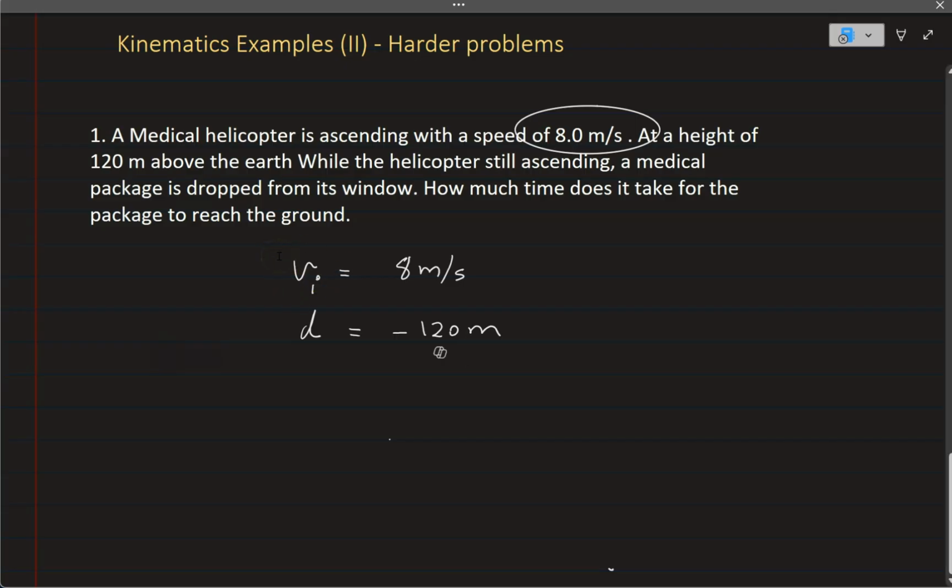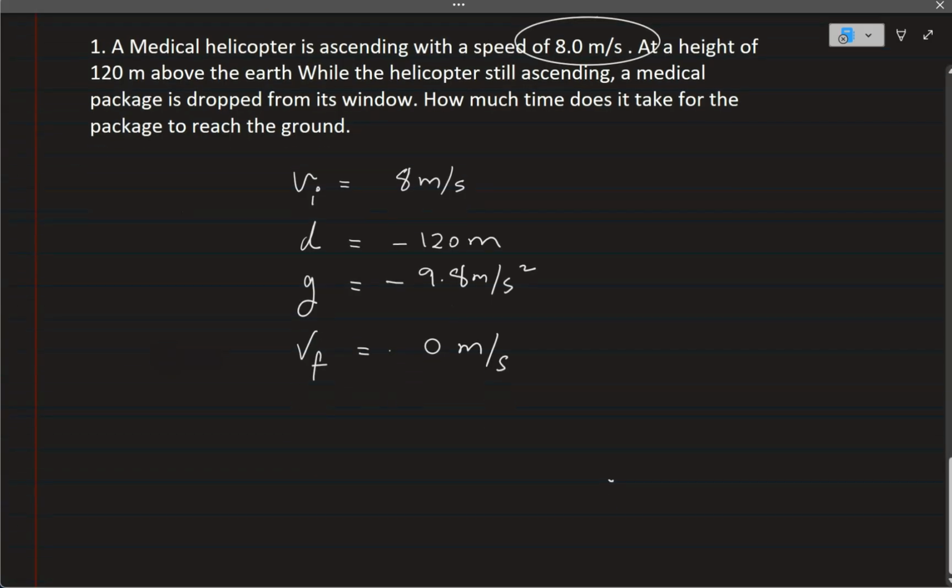And then the acceleration, which is g, that is negative 9.8 meters per second squared. And the v final hitting the ground, that would be 0 meters per second. We also don't have the time, but we do have other variables to use and solve.